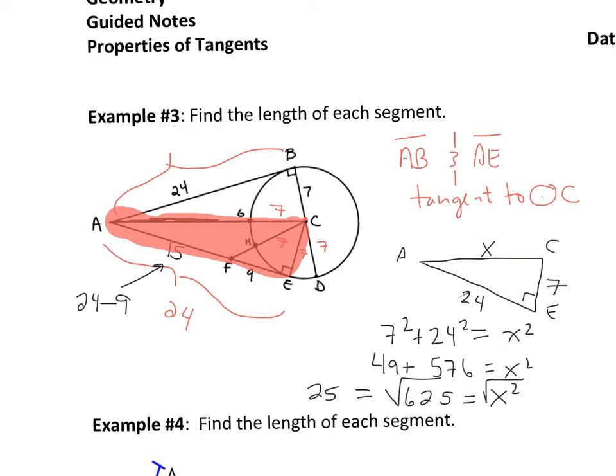So AC is 25. But if you look at AC, which is this whole distance, we already know part of it, which is GC. So since I just want AG, I'll take 25 minus the 7. That will leave me with this little part is 18.